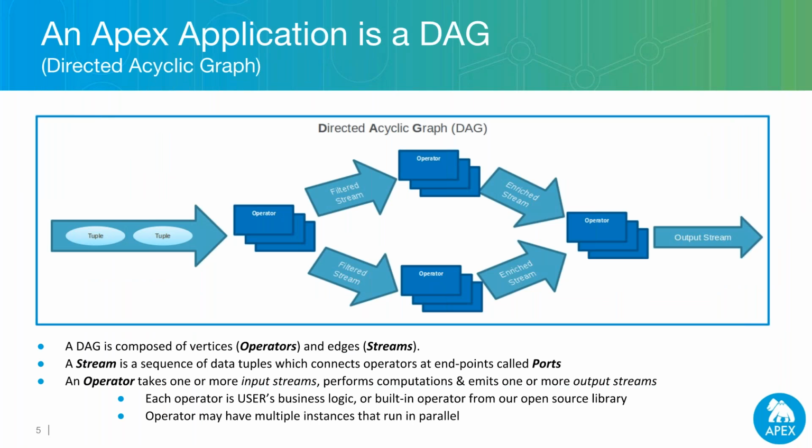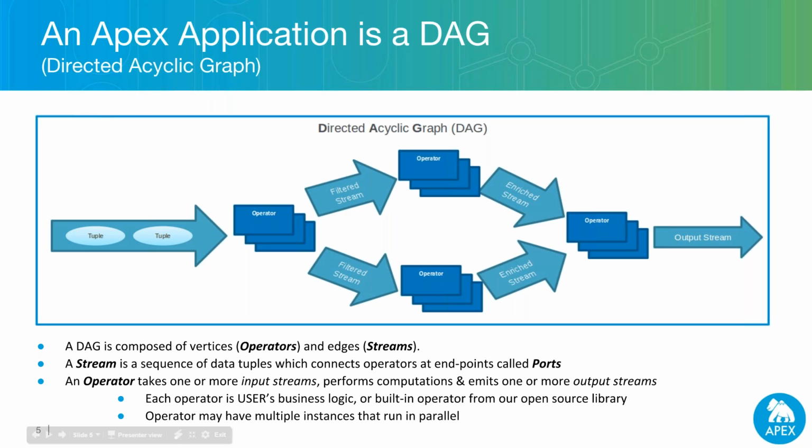So how do we represent the application in Apex? Here the application is represented as a DAG. It's a directed acyclic graph which consists of vertices and edges. Vertices we call operators, and edges we call streams. Now what is a stream? A stream is a sequence of data tuples. A tuple is a serialized object, and these streams connect the operator ends.